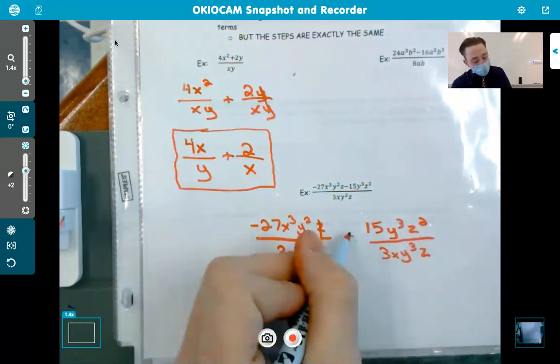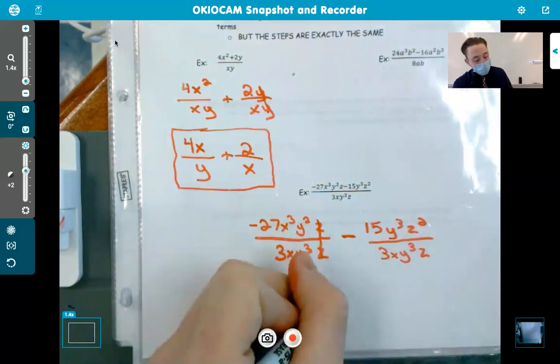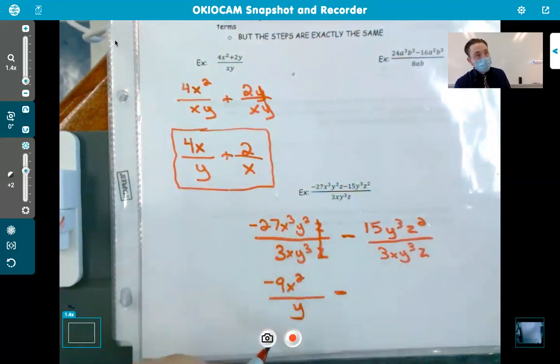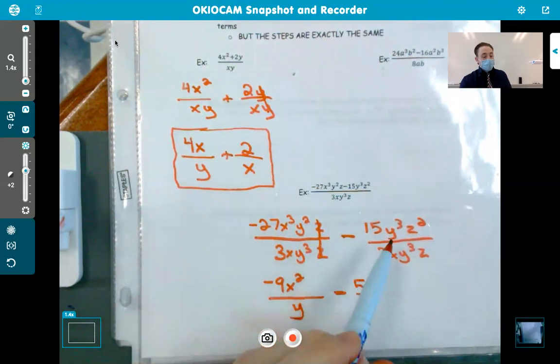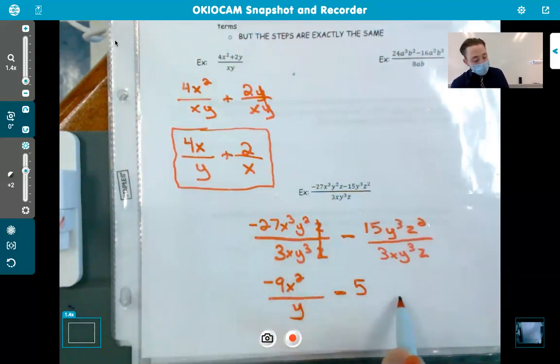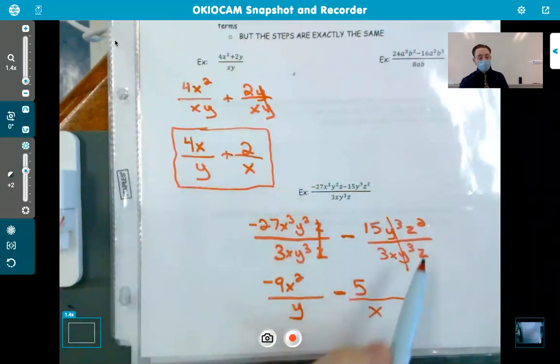In the second fraction, negative 15 divided by 3. What's that going to give me? So I have negative 5. I don't have an x term, so the x term is actually going to stay alone in the denominator. Y cubed over y cubed, well, isn't that the same thing divided by itself? What's that going to give me? Just 1, right? And then what's z squared divided by z?